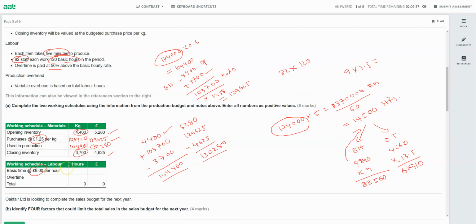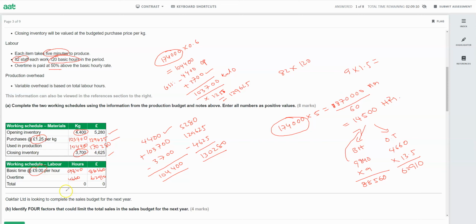So we say the total basic hours is 9,840, and the amount is 88,560, and then the overtime is 4,660, and the amount is 62,910.